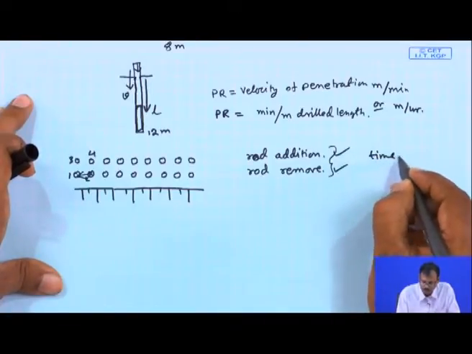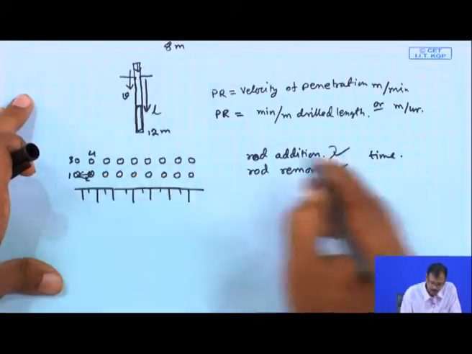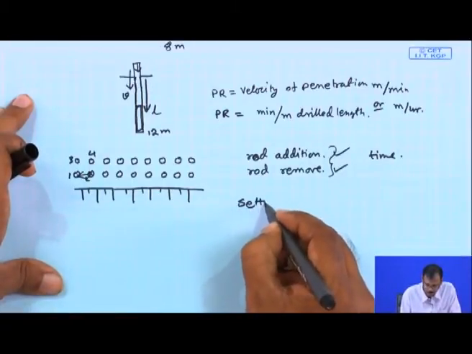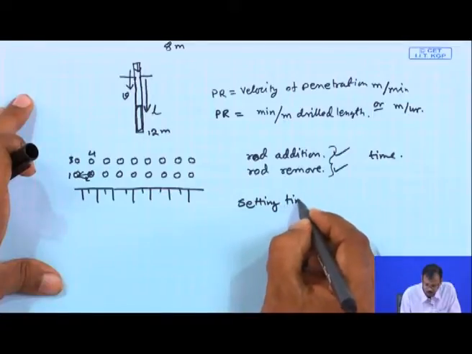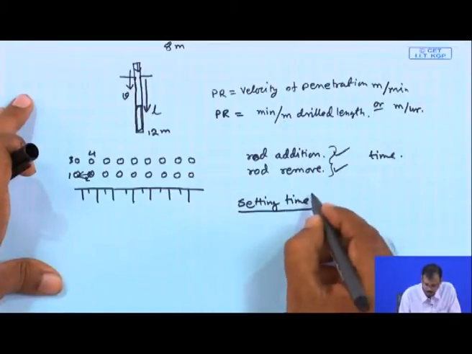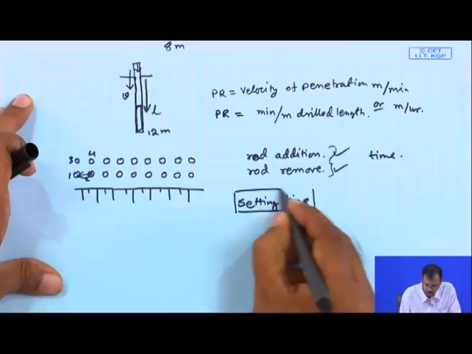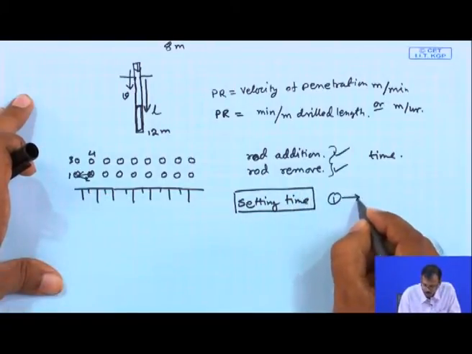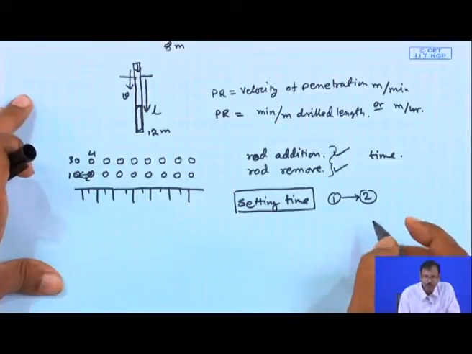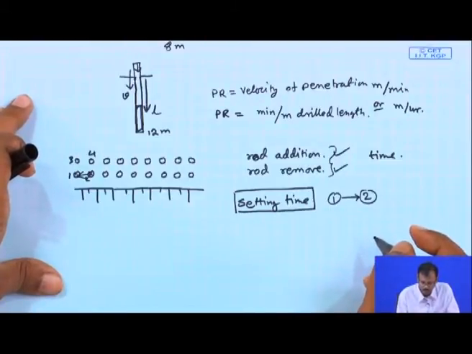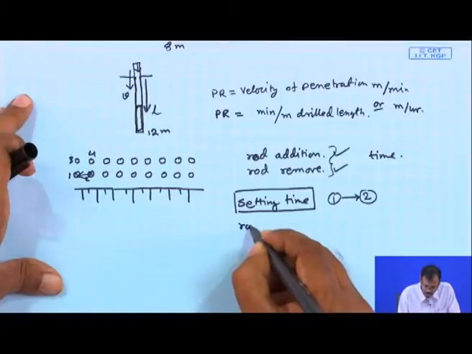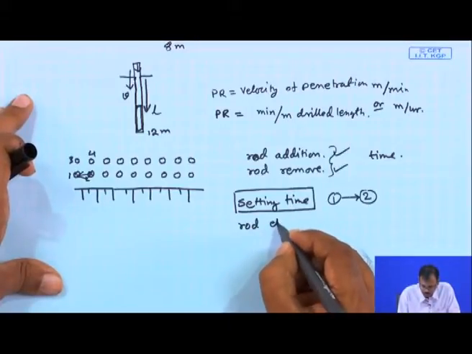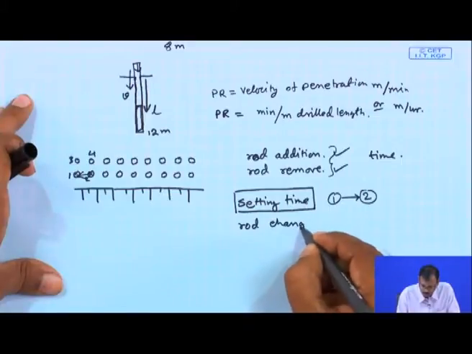time. So, additional times are required in the movement and that time is called setting time. The movement of the drill machine from its position 1 to position 2, that time requirement is called setting time. The rod addition and deletion is called drill rod changing time.